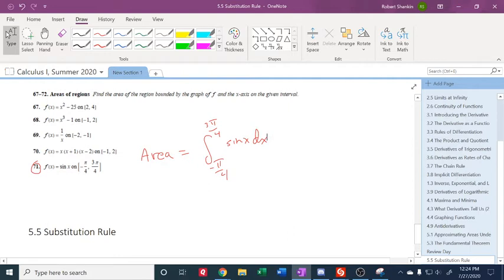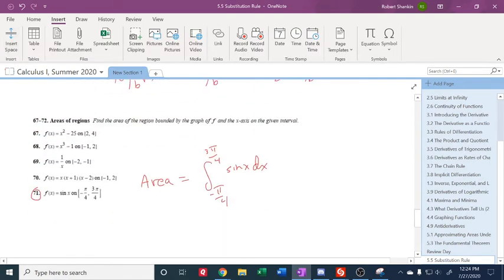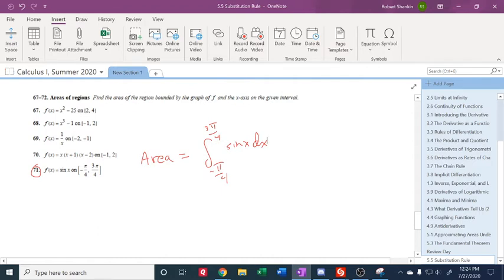All right, now this one I'm going to do as an example of how I do integrals. I don't just do them, I estimate first. And I'm going to draw a quick picture. And I'm going to go from negative pi over 4 to, so here's 1/4 pi, 2/4 pi, 3/4 pi. Okay.